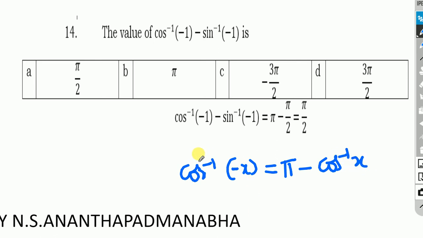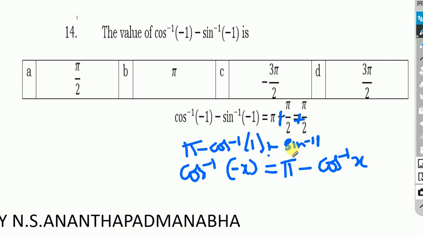So therefore cos inverse of minus 1 is pi minus cos inverse of 1, minus of minus plus sin inverse of minus 1 is plus sin inverse 1. So I have sin inverse of 1 here.